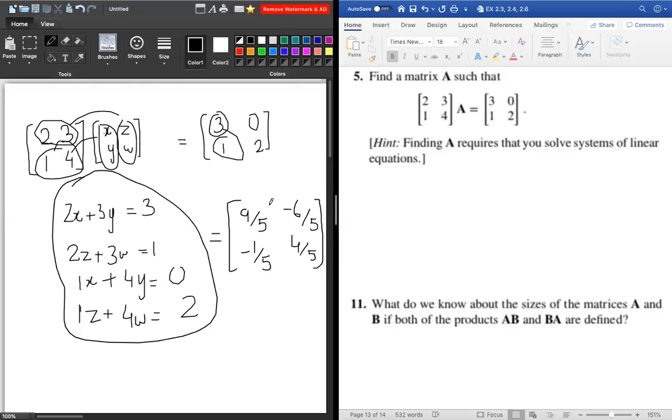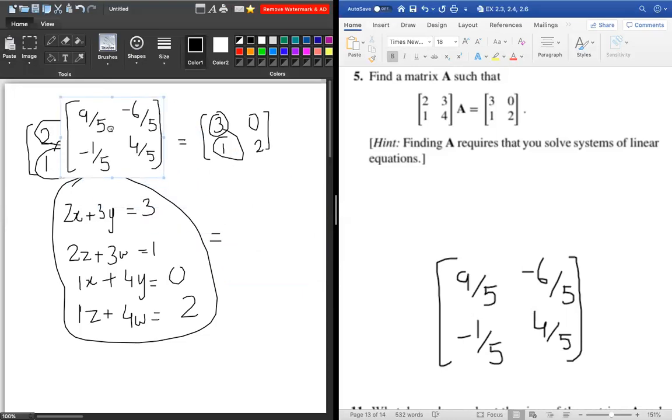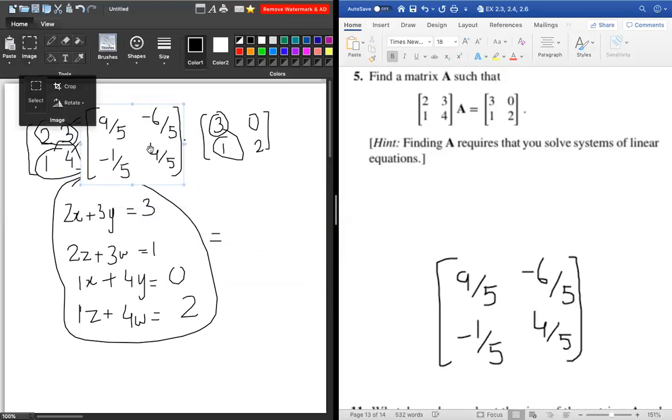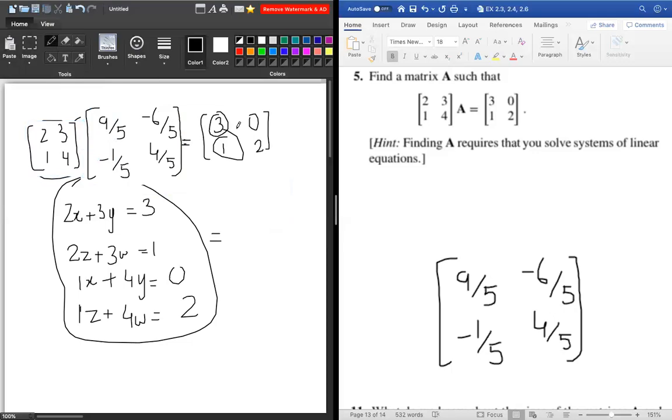Okay, so this over here is the answer. If we multiply this with 2, 1, 3, 4, multiplying these two matrices, we will get this as a result.